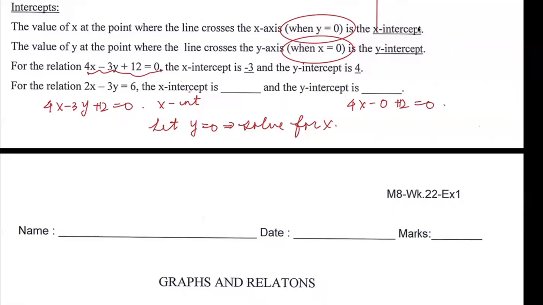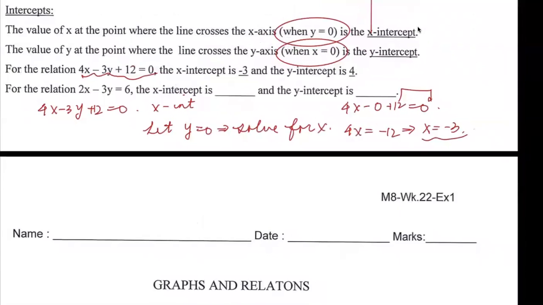Now we solve for x. We move 12 here, so 4x is equal to minus 12. So x is equal to minus 3. So the x-intercept is minus 3.